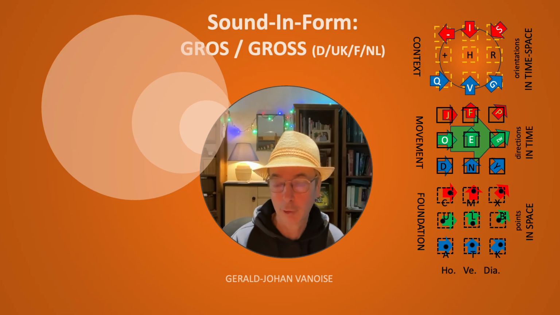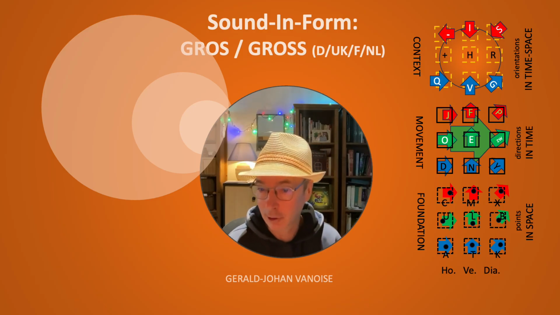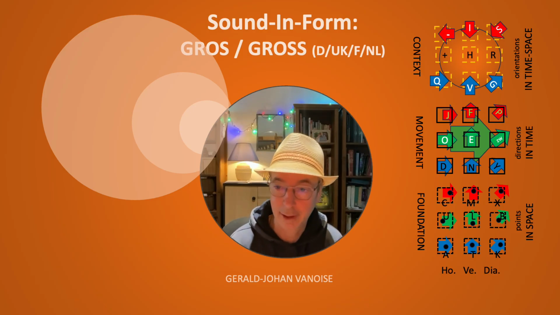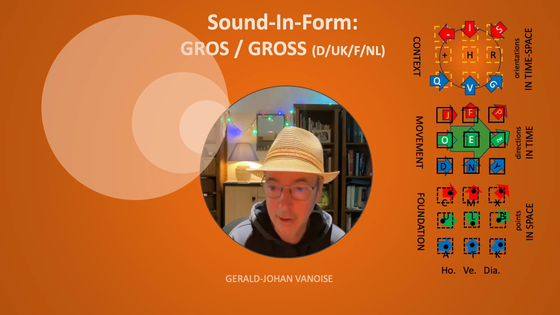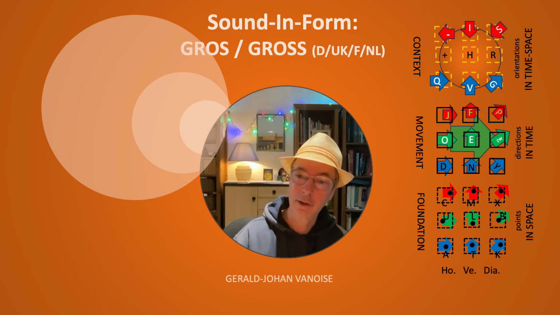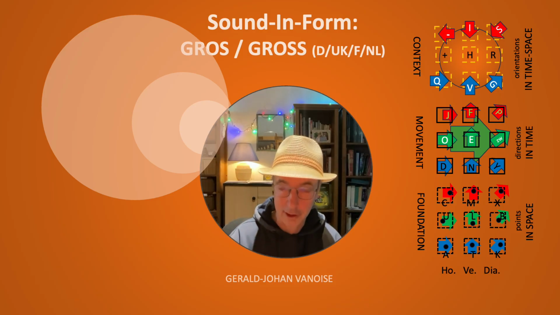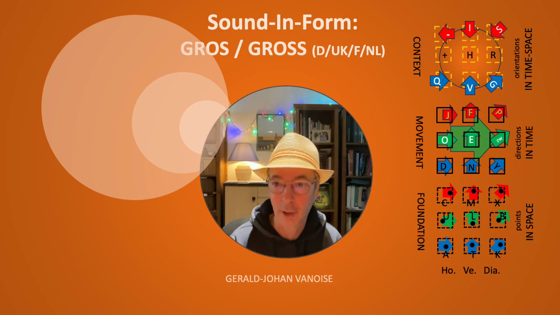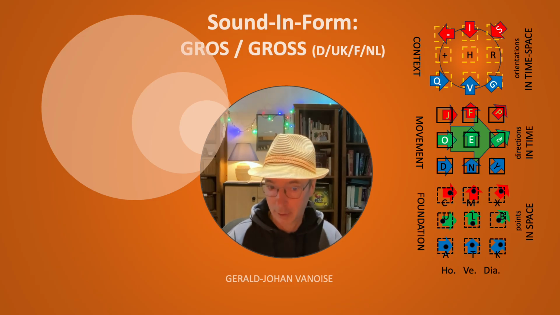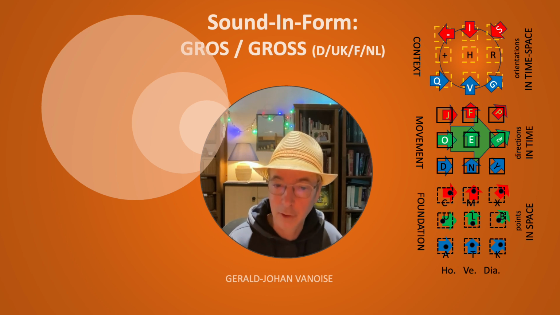We have 1, 2, 3 possibilities of directions, with horizontal, vertical, and diagonal being dominant. Despite the points, there is the direction more dominant, or it is the structure itself that is dominant, the structure from which we orientate ourselves. This is the basic structure, which you can learn to understand.